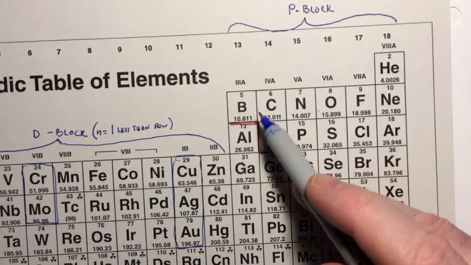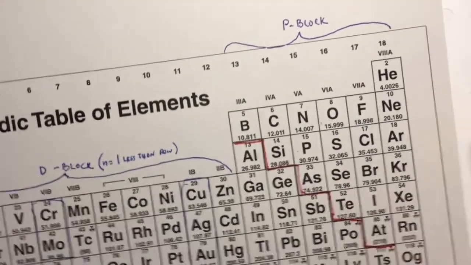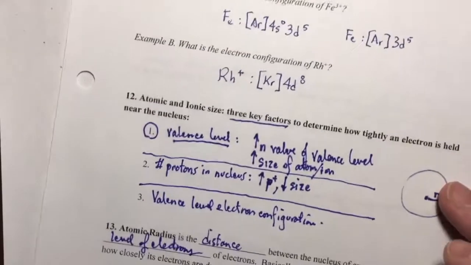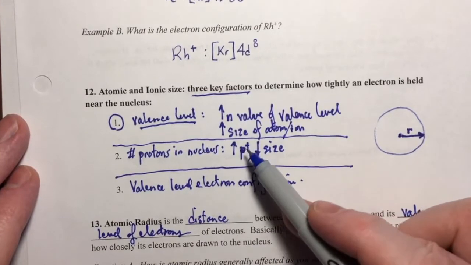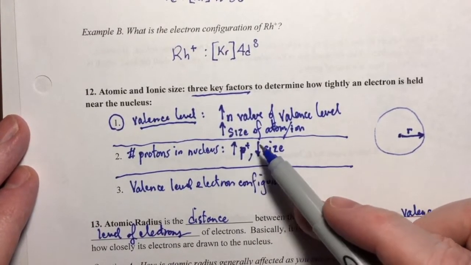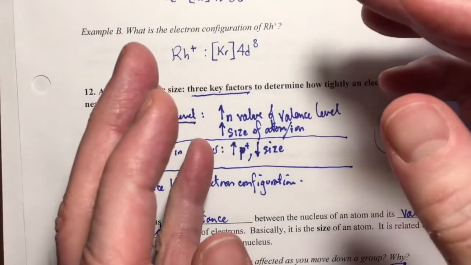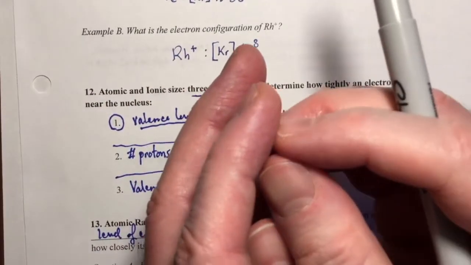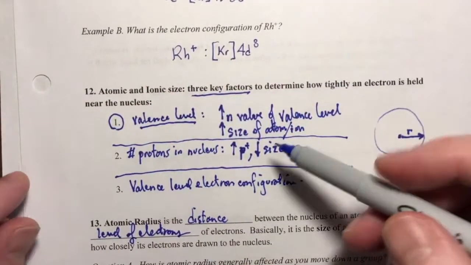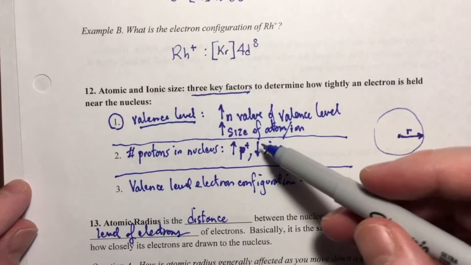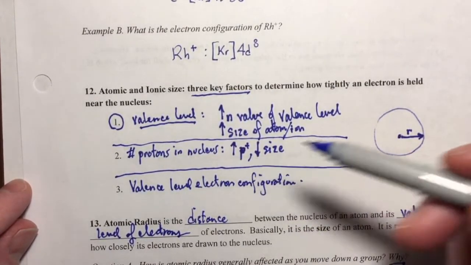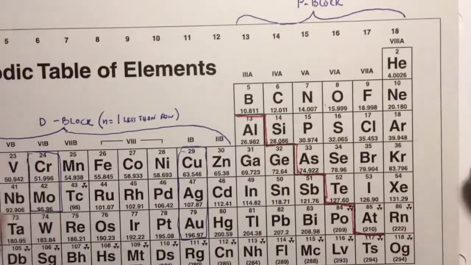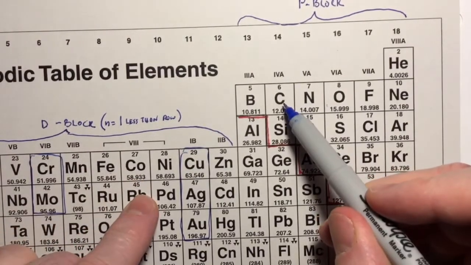And so we have to go on to factor 2. Factor 2 says, look at the number of protons in the nucleus. And the more protons you have in the nucleus, the tighter those electrons are going to be pulled in toward the nucleus, and therefore the smaller the size. So more protons means smaller size. It's an inverse relationship. If we look at carbon, nitrogen, oxygen, and fluorine, now we're looking at the number of protons.